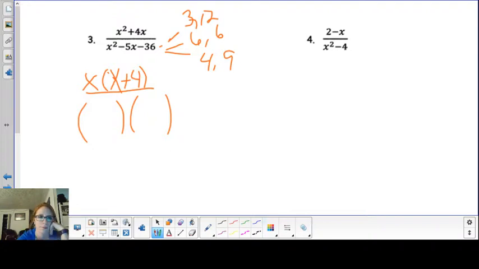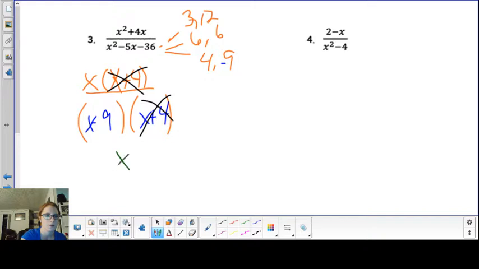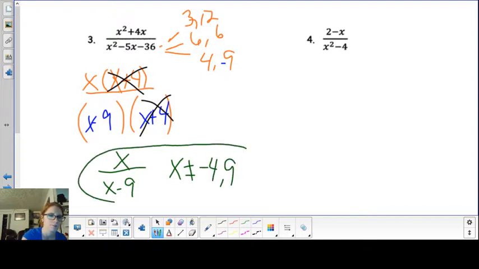The 4 or the 9? Good, the 9. So I have x minus 9, and I have x plus 4. So my x plus 4's cancel out. So for my answer, I am left with x over x minus 9. My restrictions are x cannot be equal to negative 4 or a positive 9. Woo! We did it.